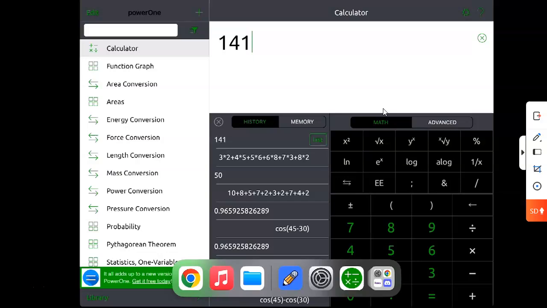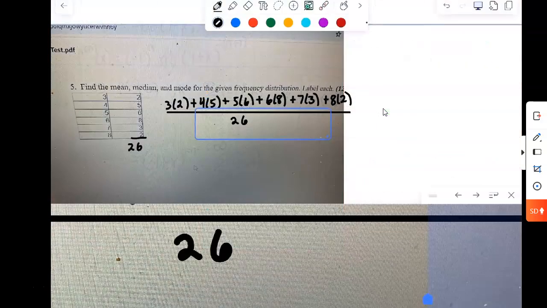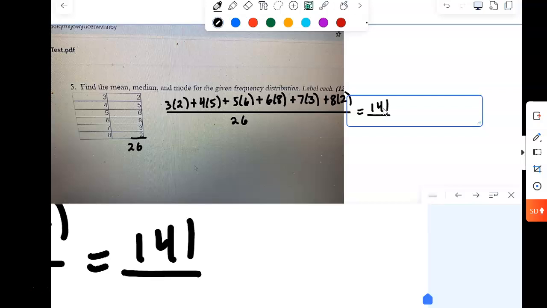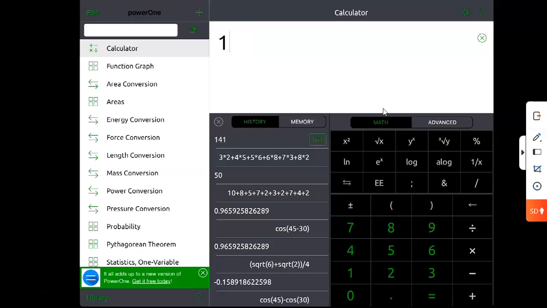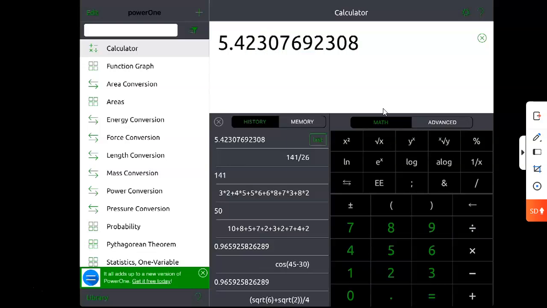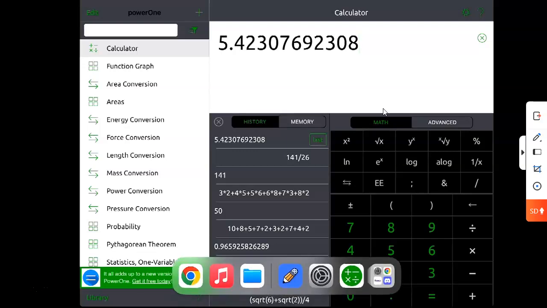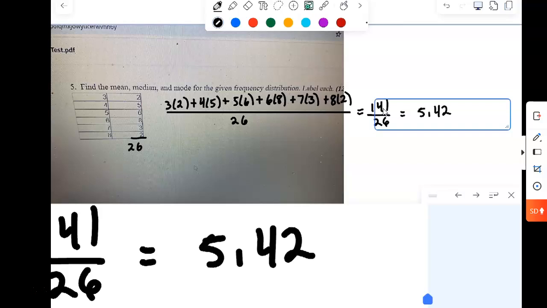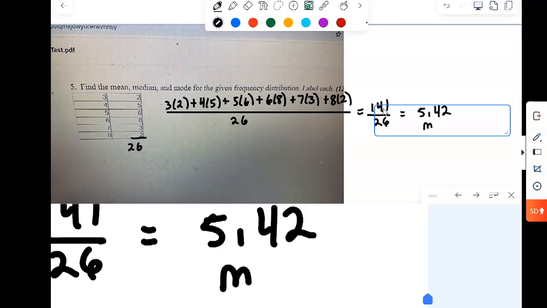We get 141. And then that's divided by 26. So 141 divided by 26, and we get, rounding it off, let's say 5.42. And that is our mean.